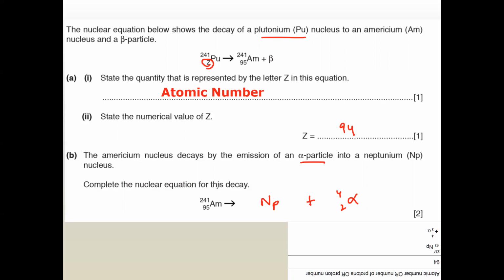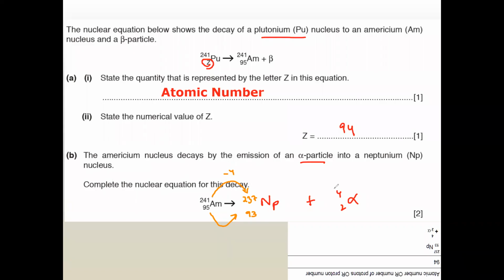As we know, whenever there is an alpha emission, atomic mass will decrease by 4. So it is 241 minus 4, which turns out to be 237. And atomic number decreases by 2, so 95 minus 2 will be 93. So this is the emission, americium turned into neptunium by emitting an alpha particle.